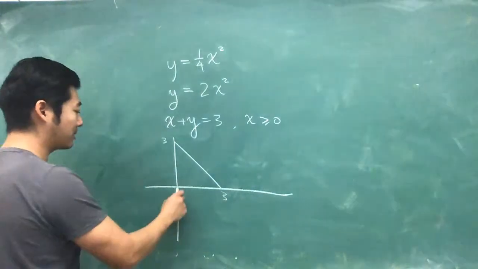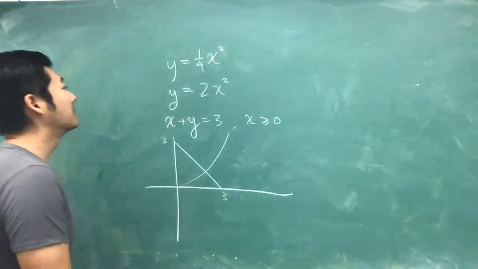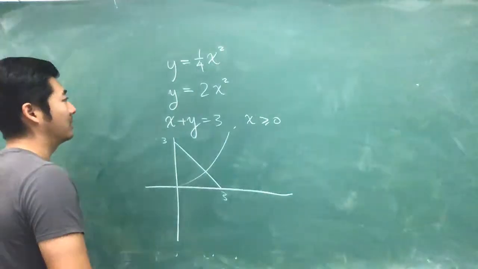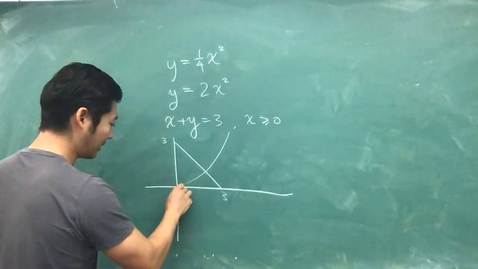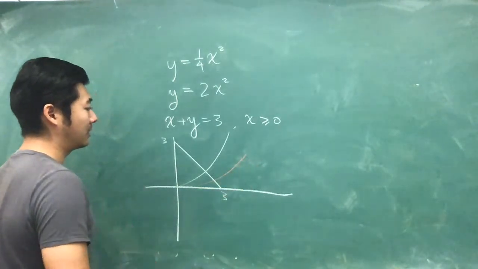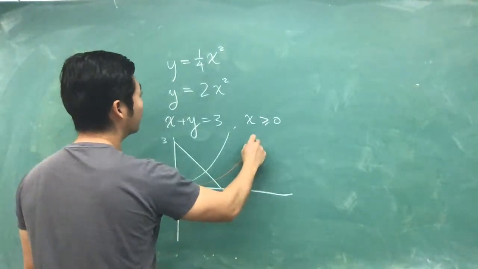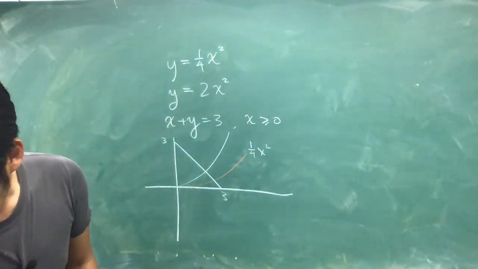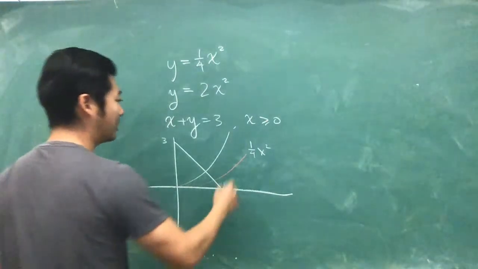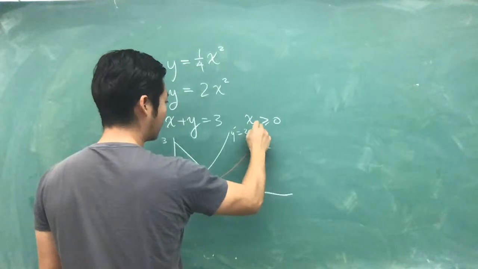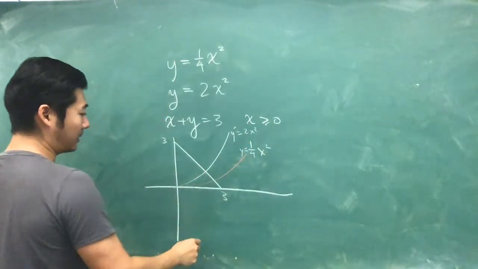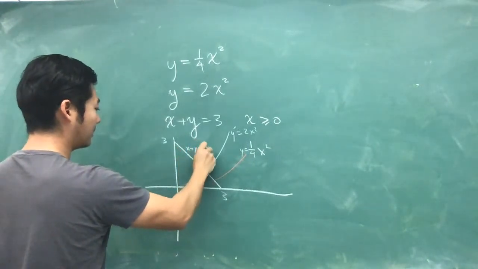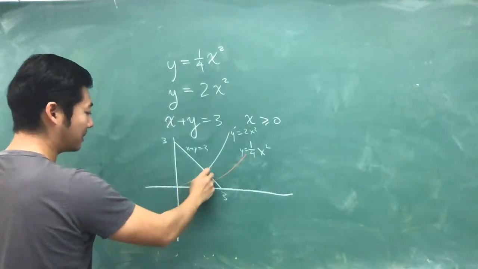Then y equals 2x squared would look like this. And then y equals 1/4 x squared would be less than this. Wait, is it? Yeah, this is y equals 2x squared. And then this is x plus y equals 3, and x is positive, so it's this region.